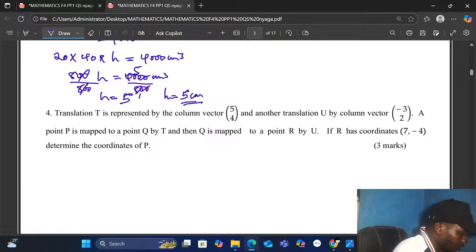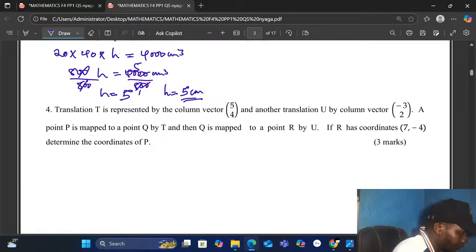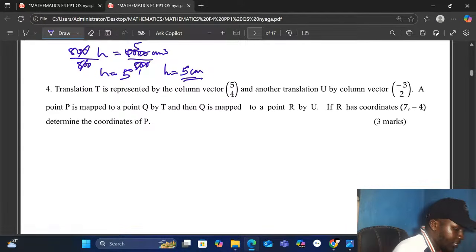Now, with this one, we are given T is equal to (5, 4), then U is equal to (-3, 2).